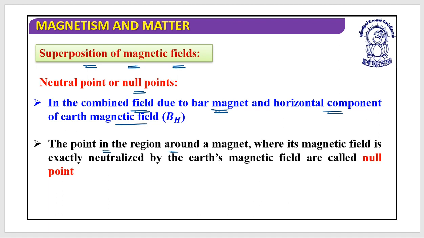The point in the region around a magnet where its magnetic field is exactly neutralized by the Earth's magnetic field, so that the net is zero, is called a null point. I hope you understand that we want to find the location, or the distance of that location from the bar magnet, at which the net magnetic field due to this bar magnet and Earth's magnetic field will be zero. This is my requirement while discussing this.